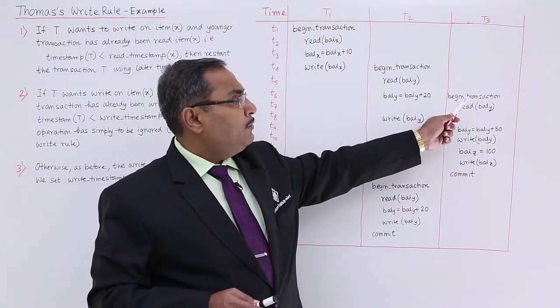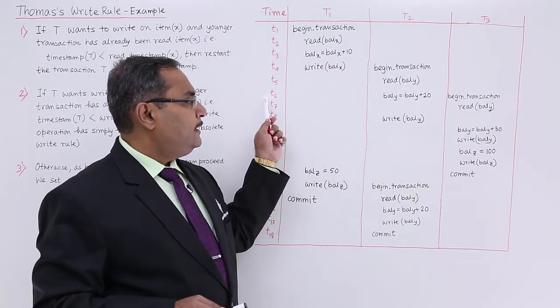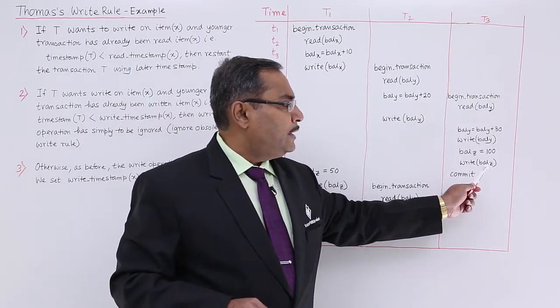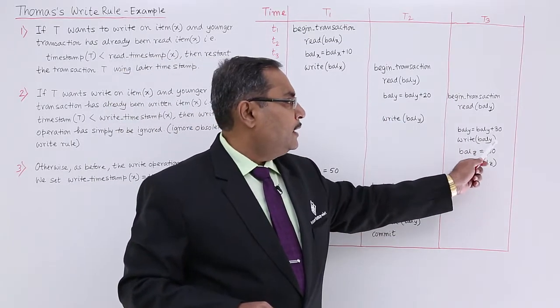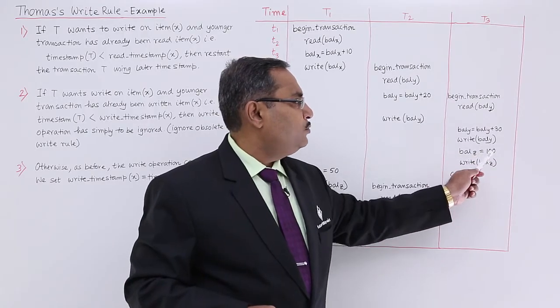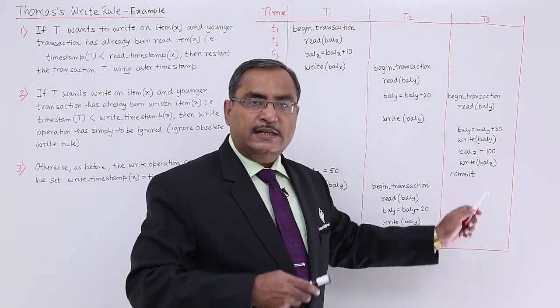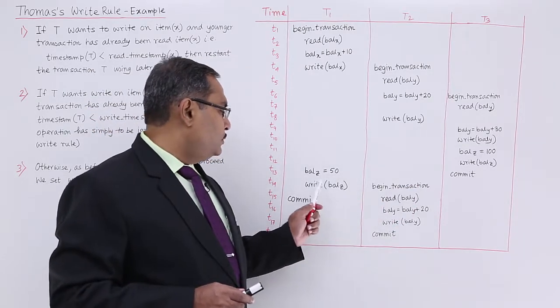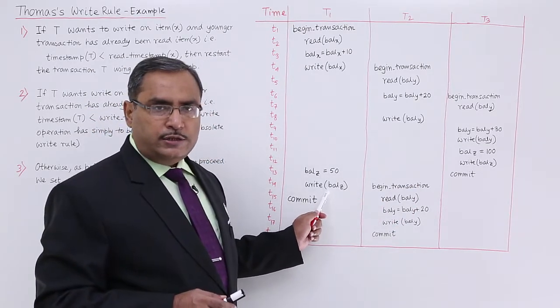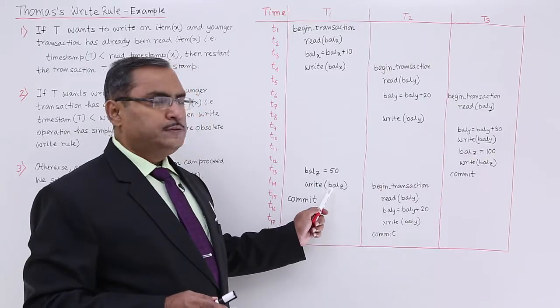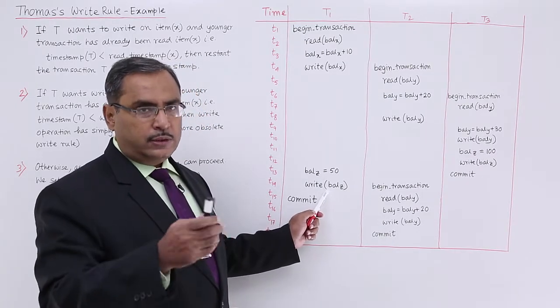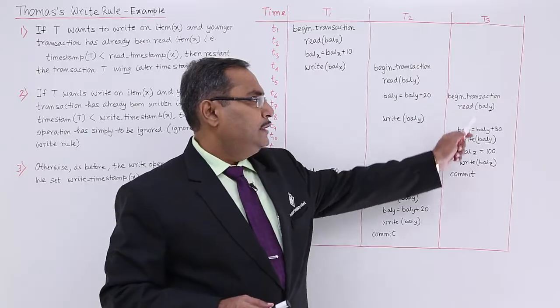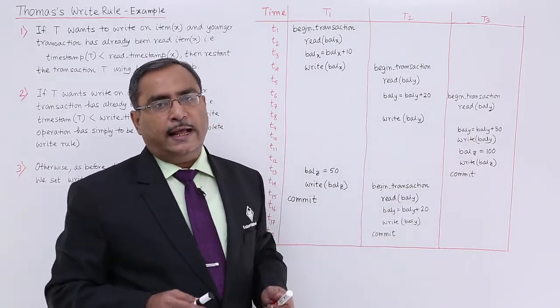But the younger transaction, which originated at T6, has already written onto the balance X. After updating this balance X with 100, balance Z has got written onto the database. So if you allow the older transaction T1 to write balance Z onto the database, then obviously the younger transaction's update will get cancelled out.